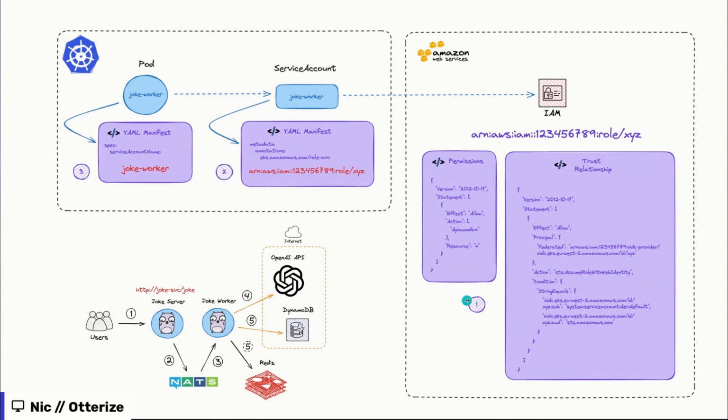Next, we need to configure the various components of IRSA, starting with the IAM role. So we need to create a role with two particular dimensions to it. First, the permissions policy, where we specify we want to allow specific operations on our DynamoDB table.